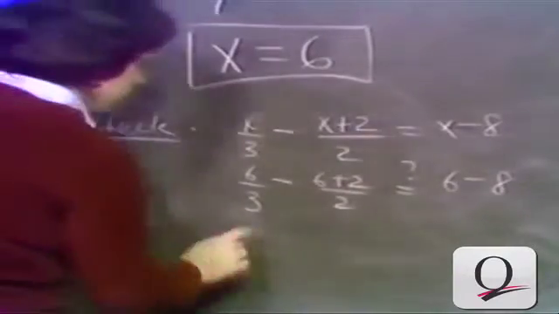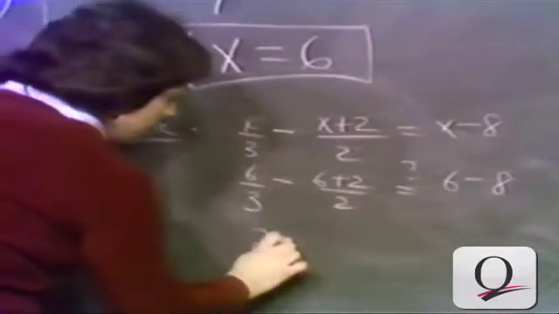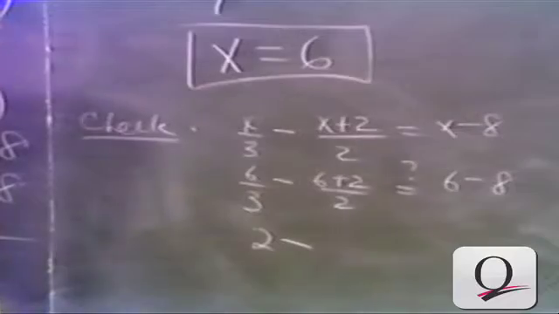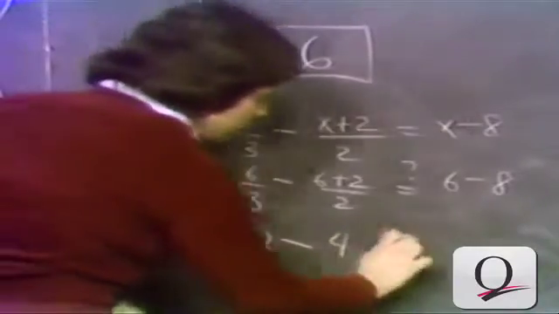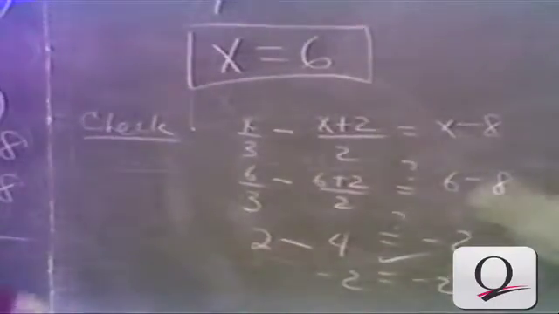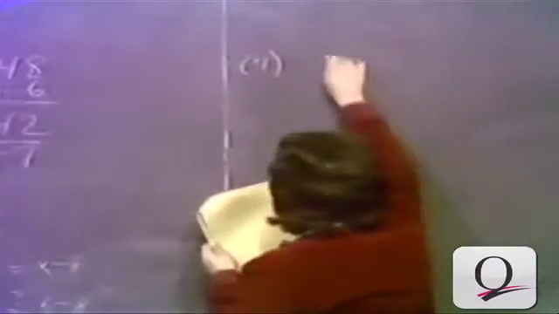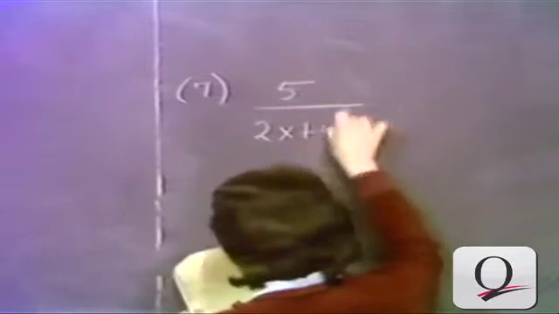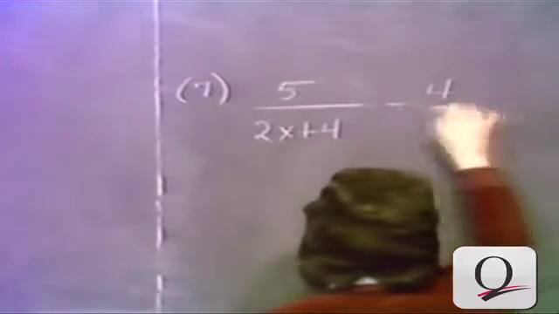And we get here 6 over 3, that's 2, minus 8 over 2, that's 4, should be equal to minus 2. And of course, minus 2 equals minus 2. It checks out.